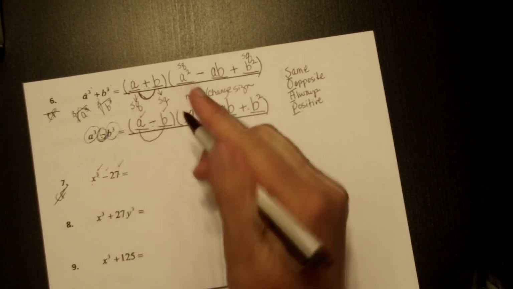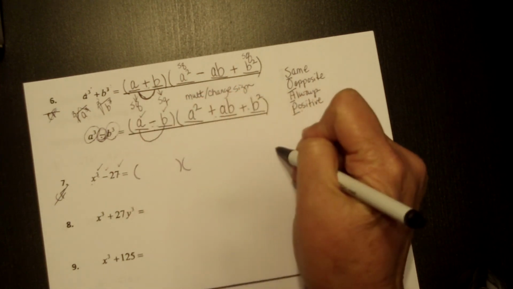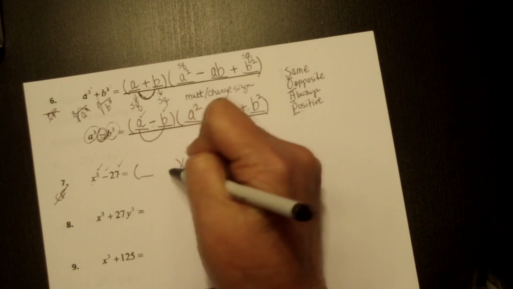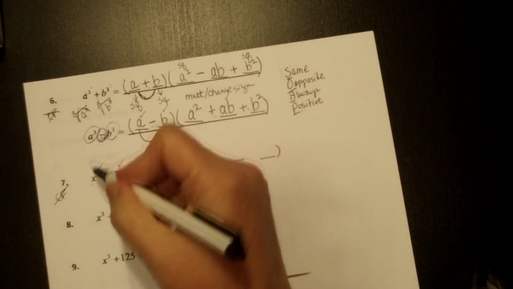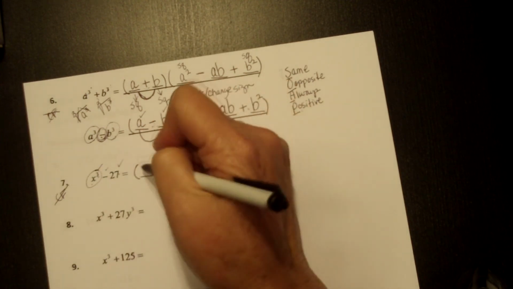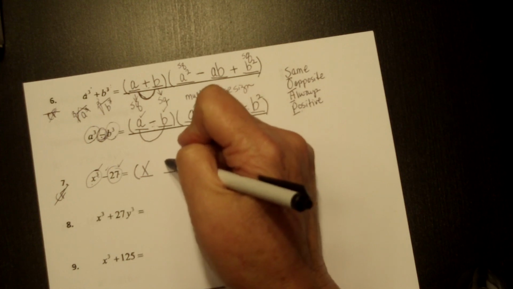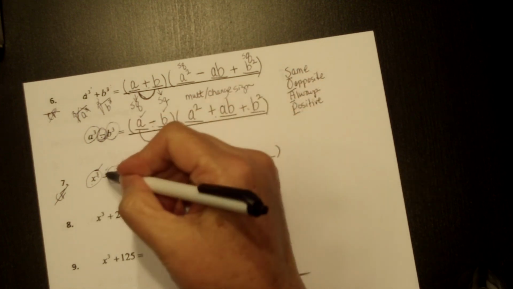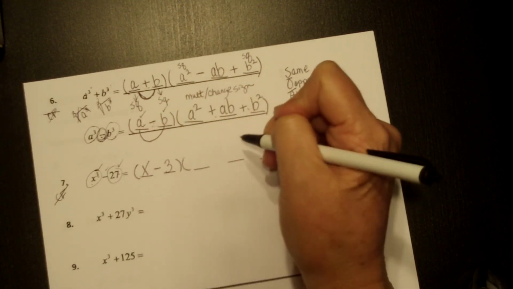So since these are perfect cubes and it's a binomial, I'm going to write a little and a big. This is going to be 2 blanks. This is going to be 3, and I'm just going to fill in the blanks. All right, so the cube root of x cubed is just x. The cube root of 27 is just 3. All right, this is going to be the same sign as this. So I'm going to put a minus.